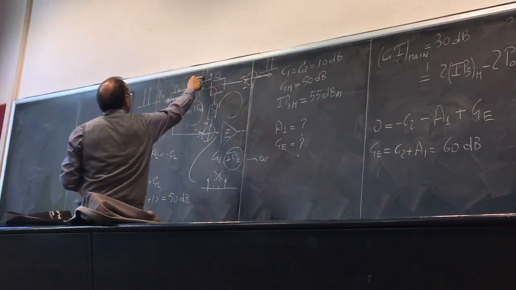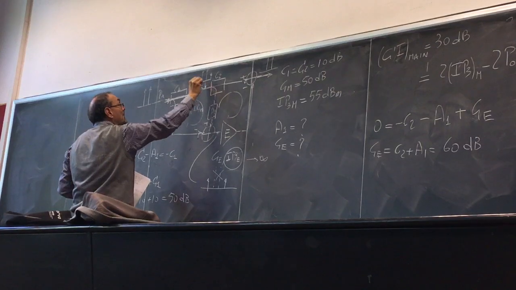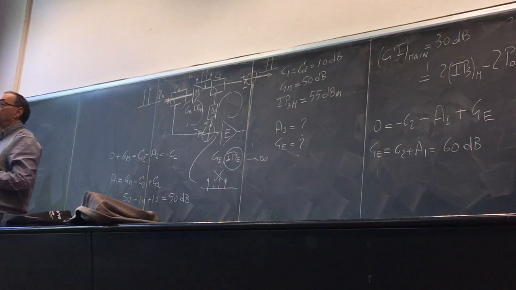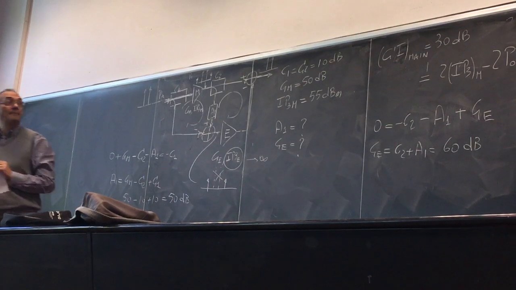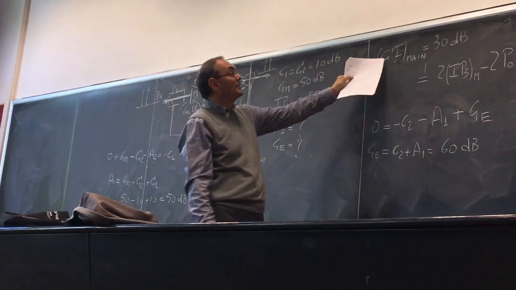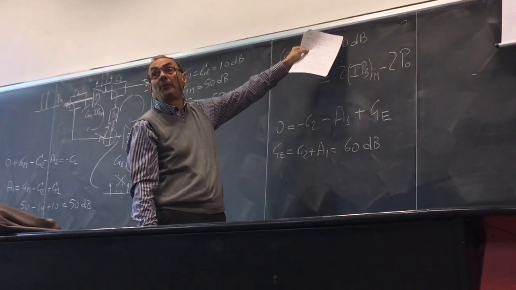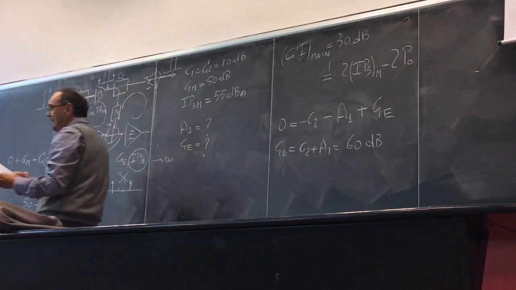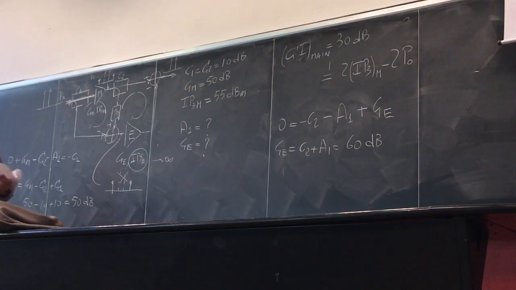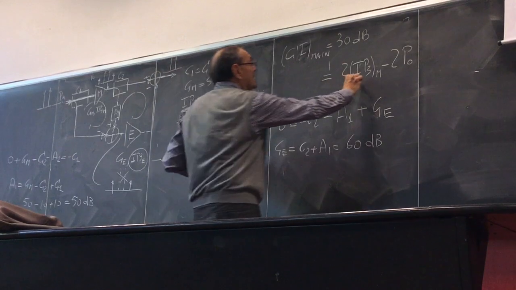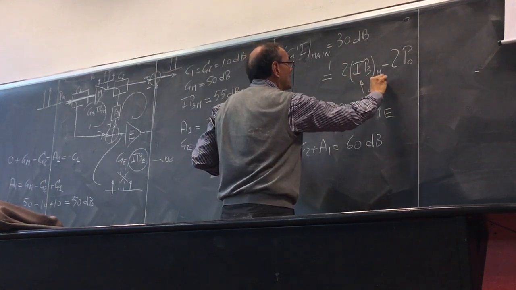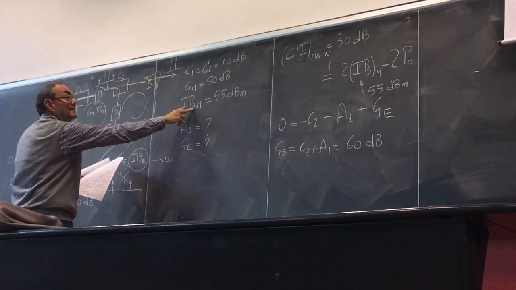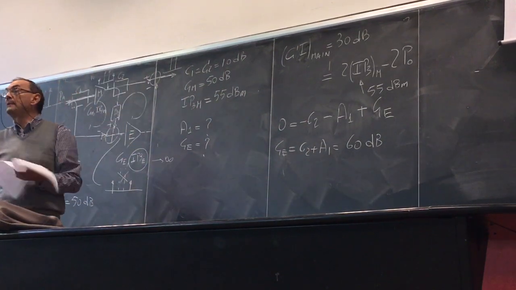We assume that at the output of the main amplifier, each line has a power P0. We know this one, because it's assigned to be 30 dB. We know what is the IP3 of the main. It was given in the problem. It is 55 dBm. So we can evaluate what is P0.